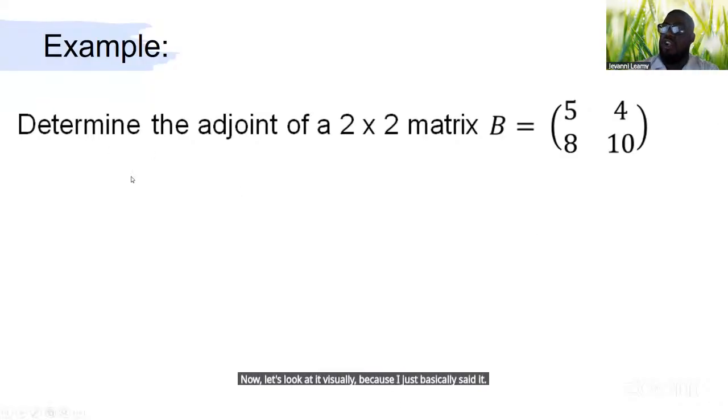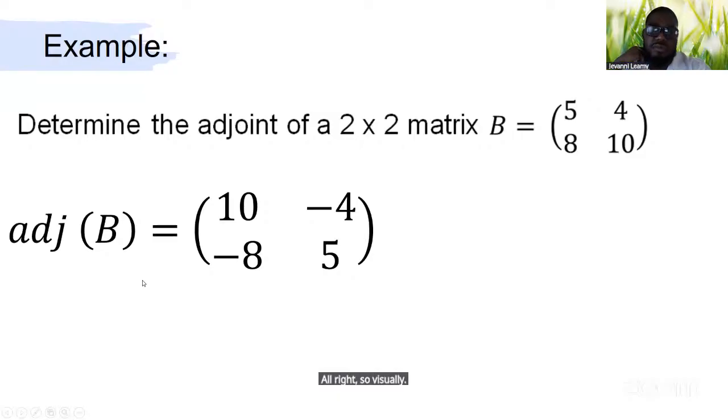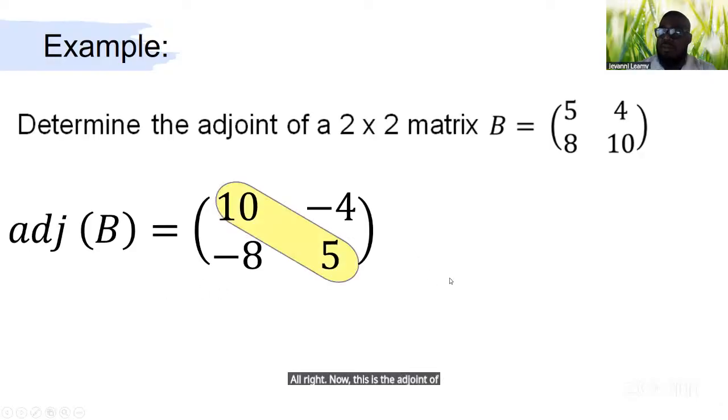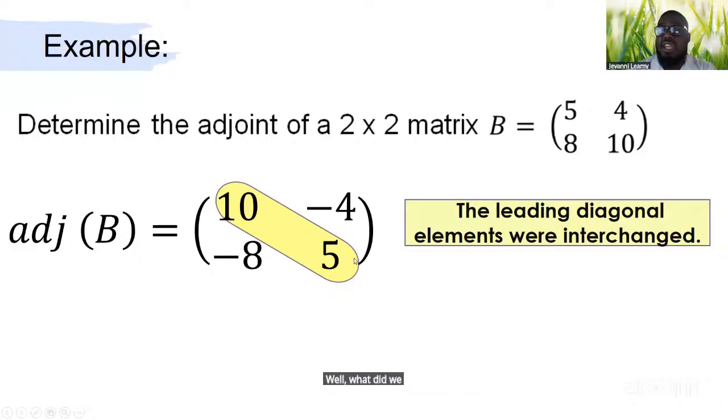So visually, this is how it would look. Now, this is the adjoint of the matrix B. What happened? The leading diagonal, if you look at the question, matrix B, it was 5 and 10. But what did we do? We interchange, or another person might say we swap. So we swap the leading diagonal, so the positions change.